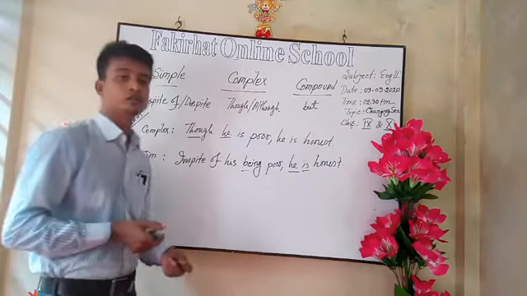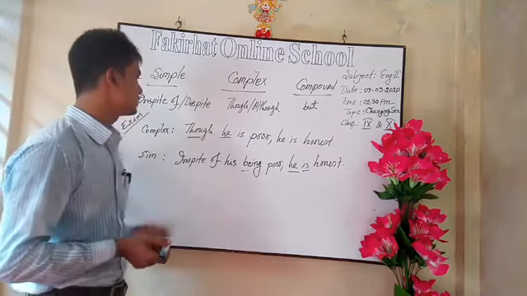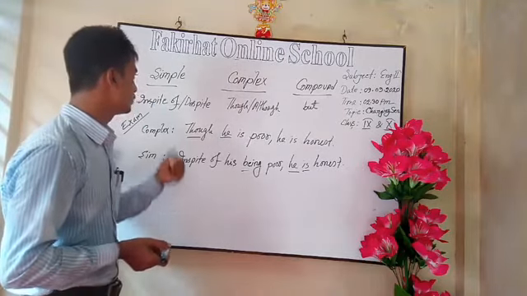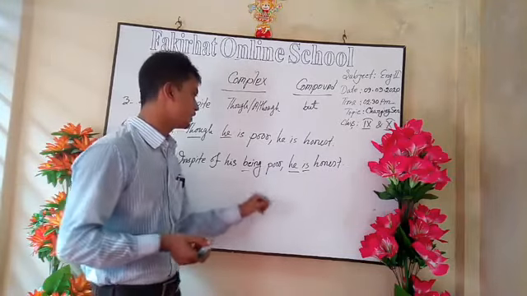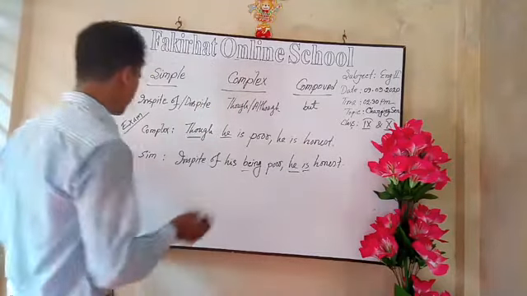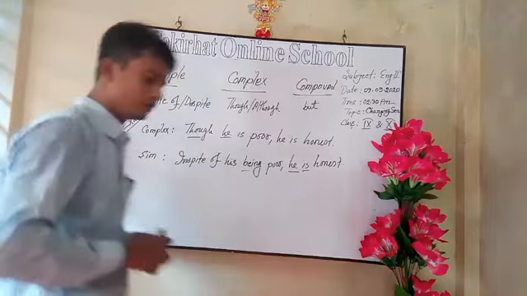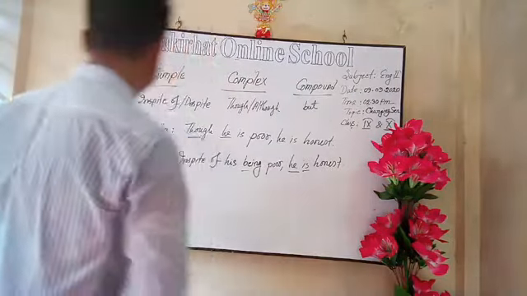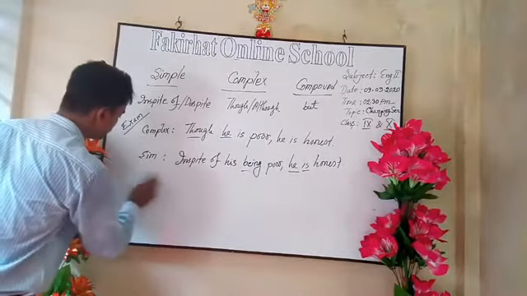And dear students, you can change this sentence into a simple sentence another way. In spite of his poverty, he is honest. Okay, so I only show you according to my rule of the chart.